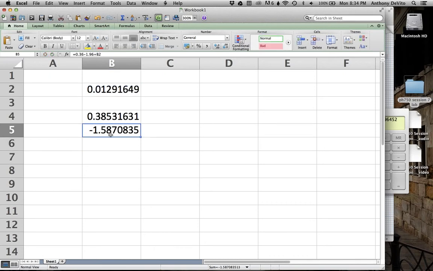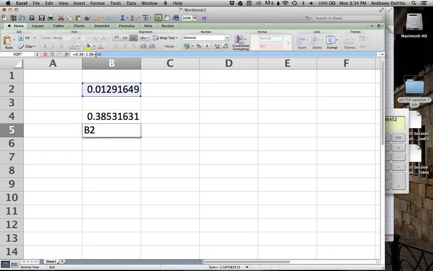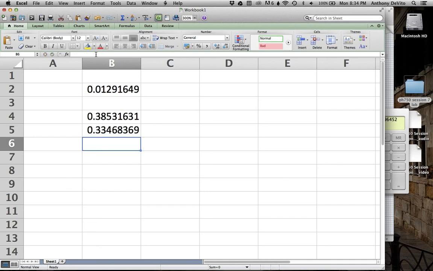Whoops, messed something up there. I see, I didn't multiply, I added. Times. There we go. So my true proportion of people that approve is between 33 and 39%.